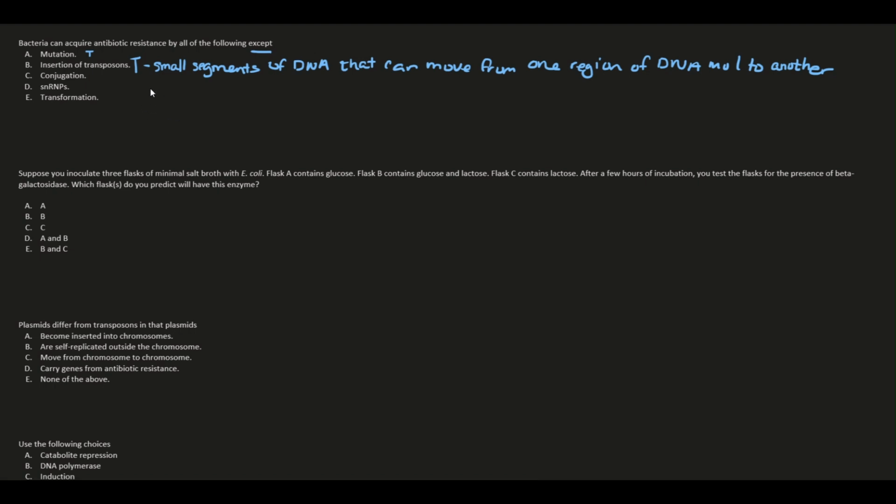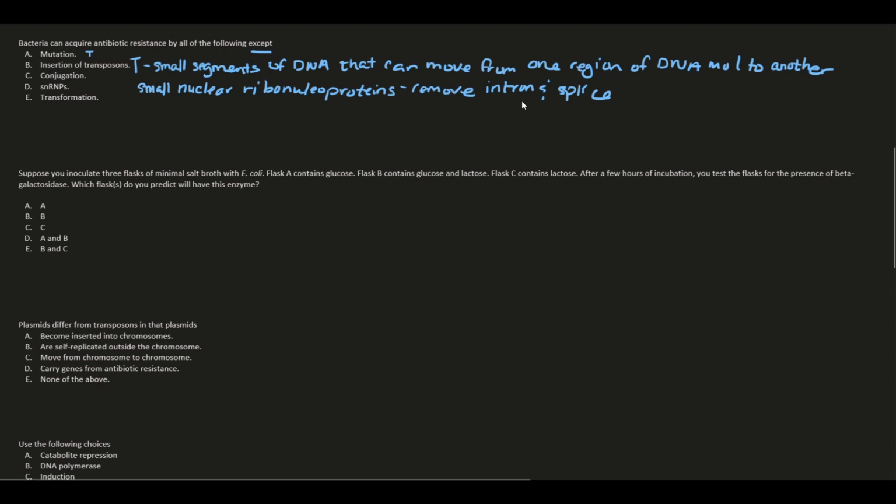D, we have SNRPs, and that is small nuclear proteins, and they remove introns and splice exons together.